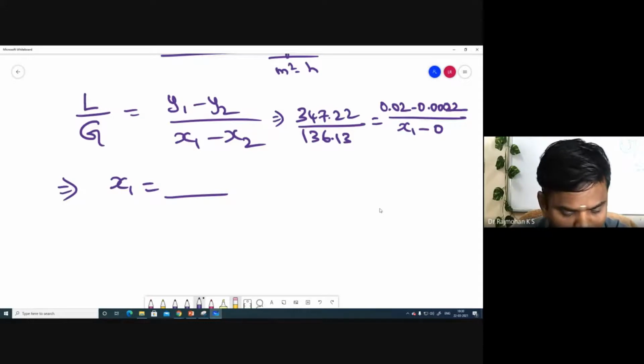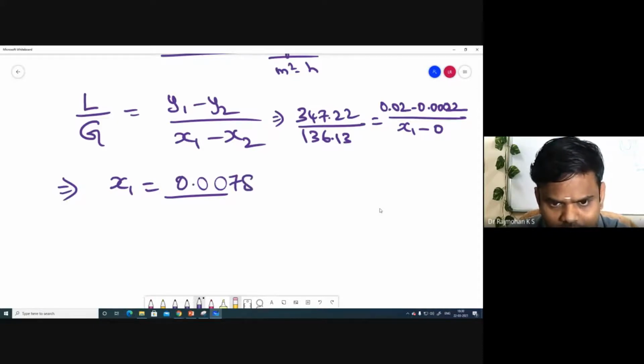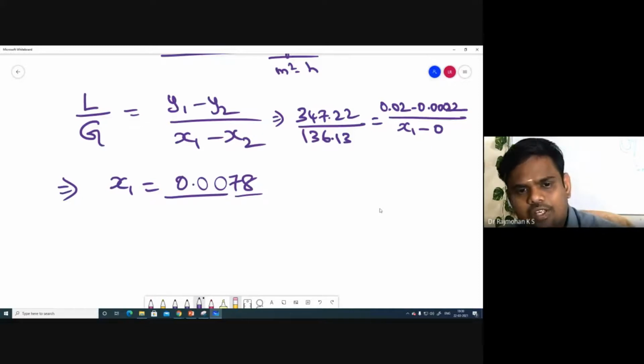How much do you get? You will get around 0.0078. One or two digits may change, but it should be around 0.008. So we have the x1 value.